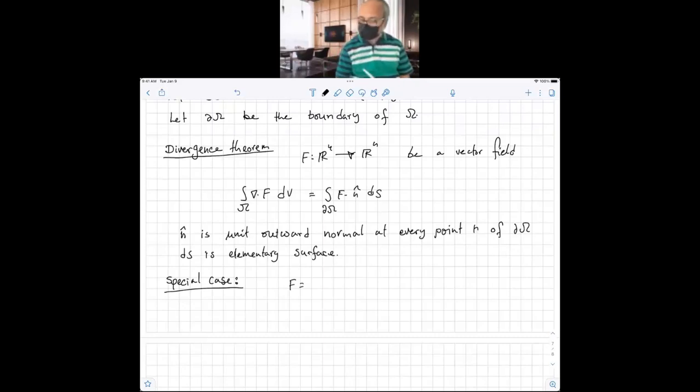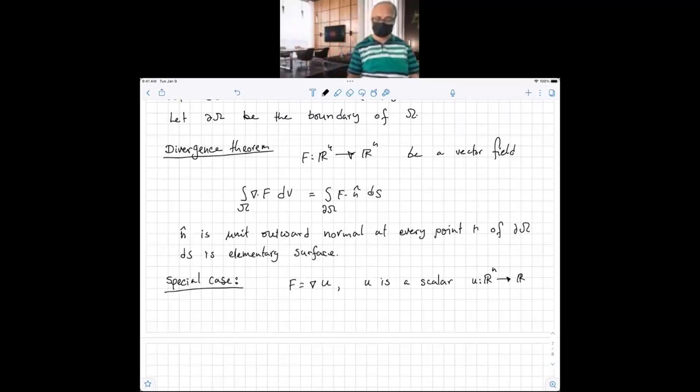So F equals grad U. F is a vector field. So I can have a scalar. U is a scalar, so U goes from R^n to R. U takes n-dimensional input and gives you a number.